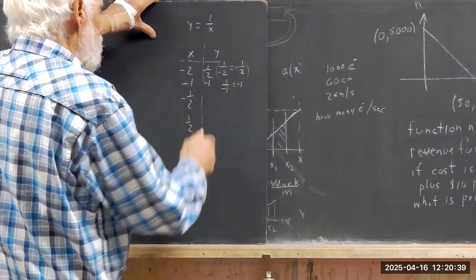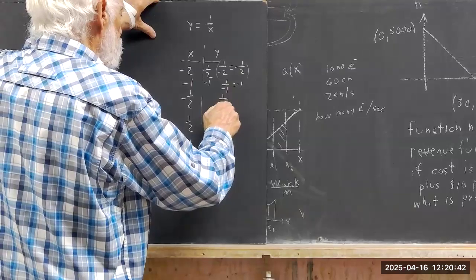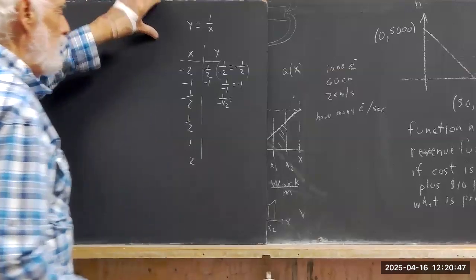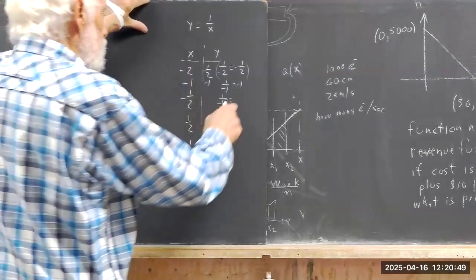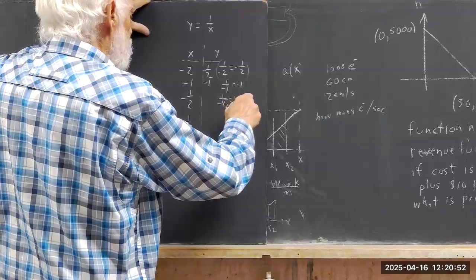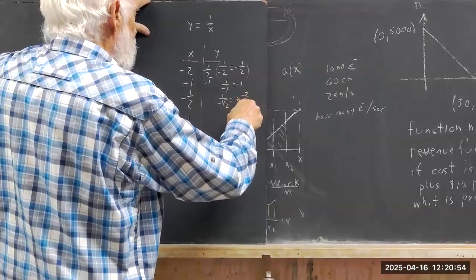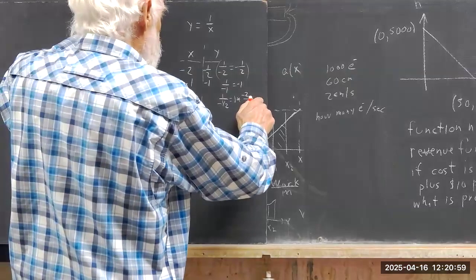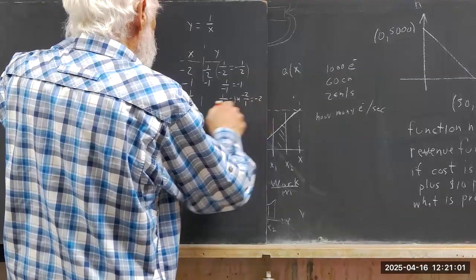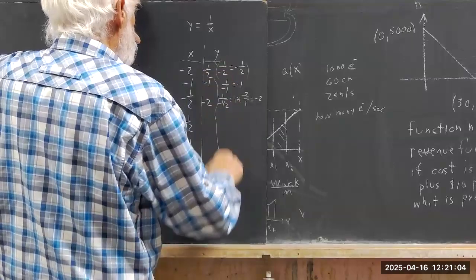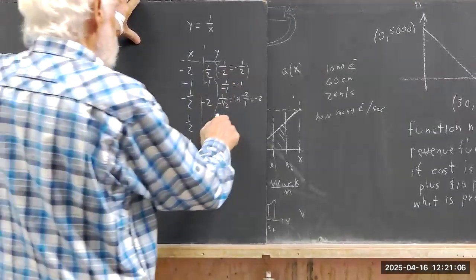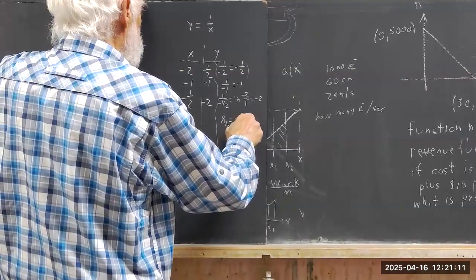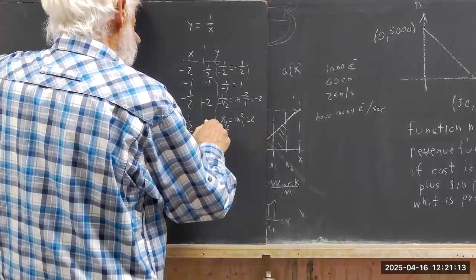Okay? Now, what's 1/-1/2? You're dividing by a fraction. That means you multiply by the reciprocal. It's 1 times -2/1, which is -2. 1/1/2 is 1 times 2/1, which is 2.